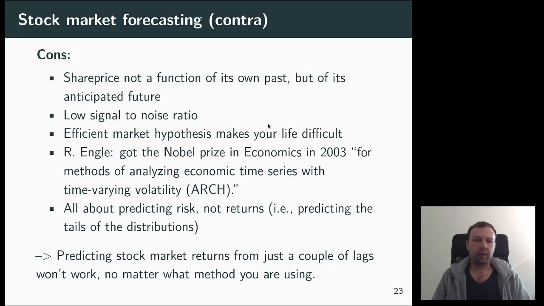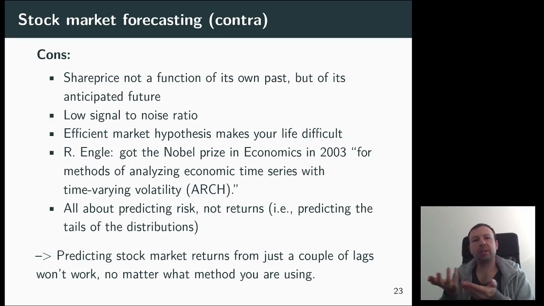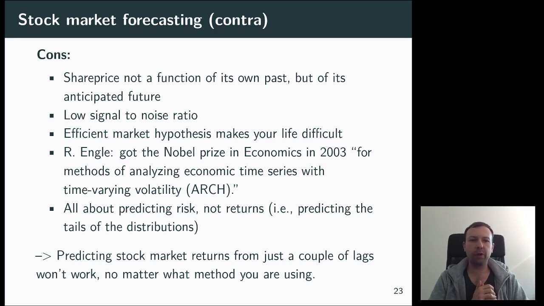However, there are quite some cons to stock market forecasting. The biggest problem is that a share price is not a function of its own past, but of its anticipated future. So just using a couple of lags of past values to predict the future is not going to work.